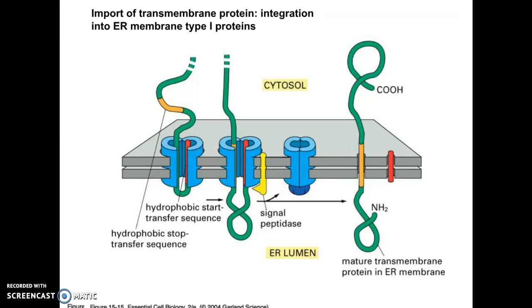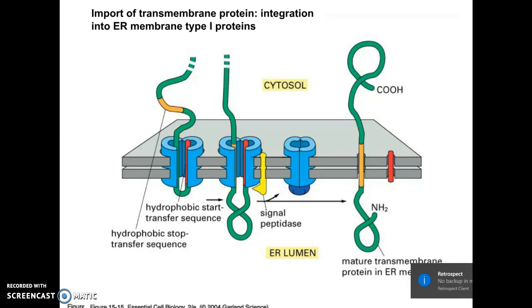So that's how we get a single-pass transmembrane protein. And you'll notice here that there is a defined orientation, because the first part that was moved through the translocation channel is the N-terminus. The N-terminus would be luminal or external to the cell later on.